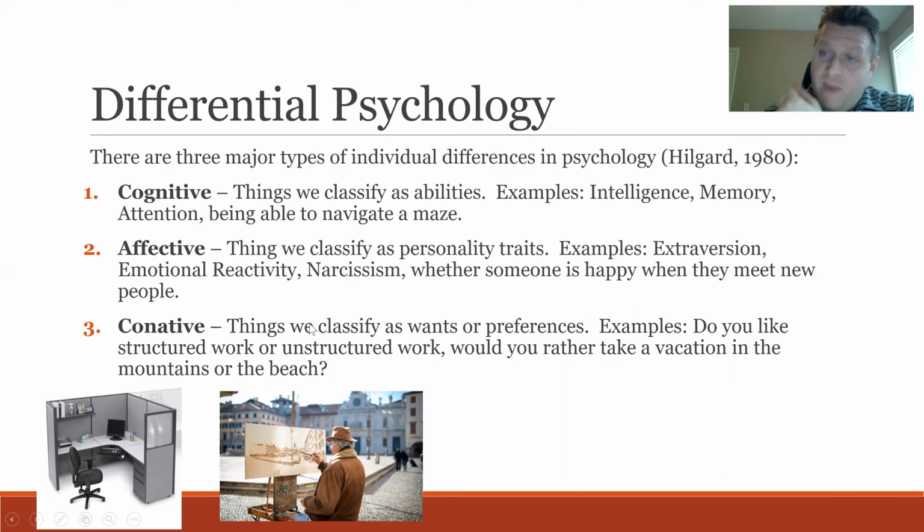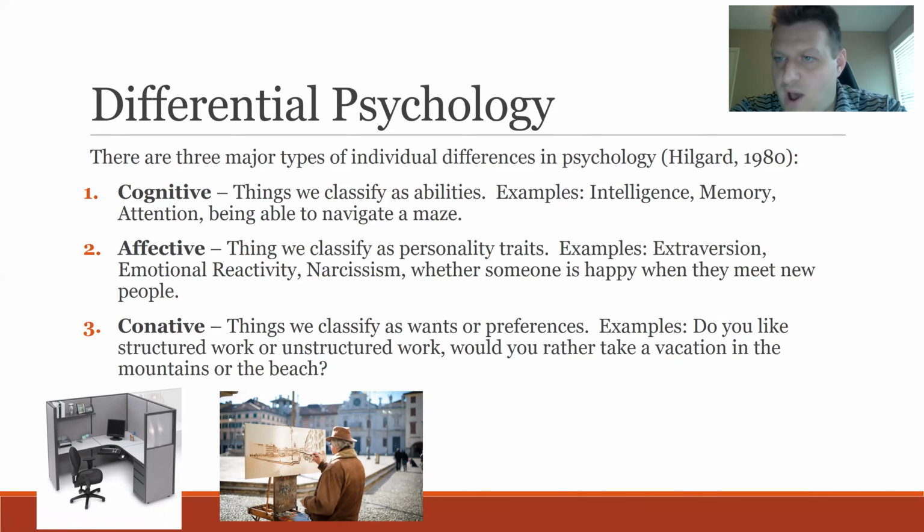Do you prefer the mountains or the beach for your vacation? I guess right now, your summer might not have had that much of a vacation, but what kind of vacation do you prefer? Again, this is a conative individual difference. Another example of this, maybe you have differences in your preference for pets. So my wife loves border collies.